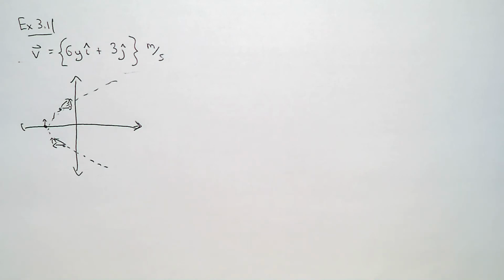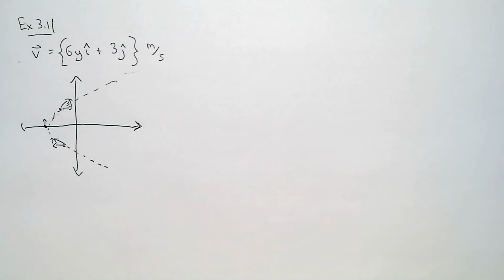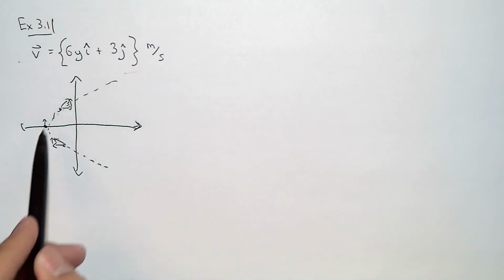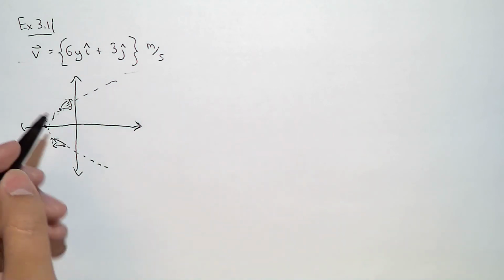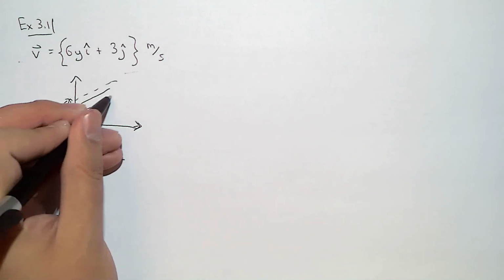The equation 6y i plus 3 j simply represents a fluid that's flowing towards the left on the negative side of my y space and towards the right on the positive side of my y space. Now remember, this is an equation for a flow field. So this does not just describe the flow of one particle, it describes the flow of multiple particles in a field.